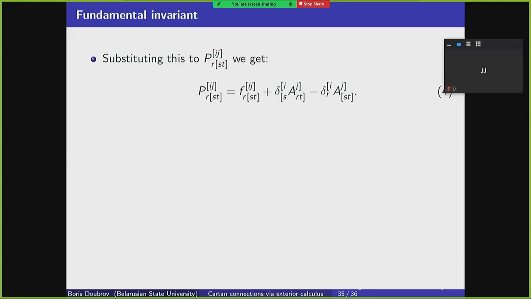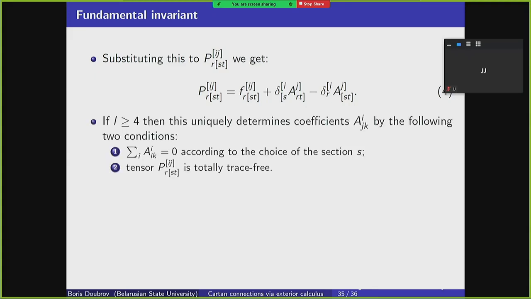Of course, we see that A has just 3 indices, this thing has 5 indices, so at most we can kill some traces. And that's exactly what we can do. If L is greater or equal to 4, and I'll speak about the case equal to 3 a bit later, we can actually uniquely determine A by the condition that, first of all, we've chosen a section such that it stays trace free.